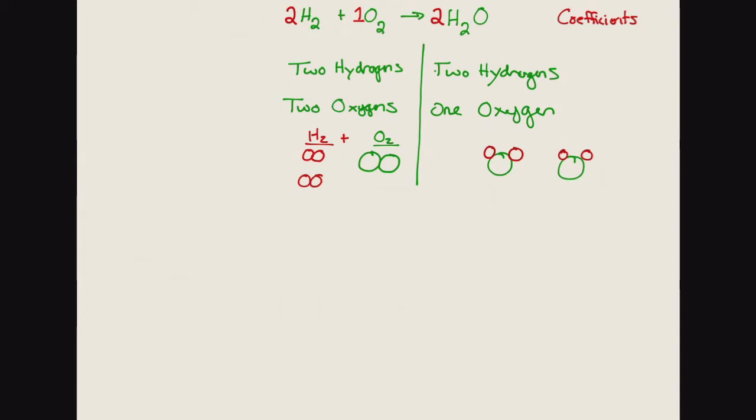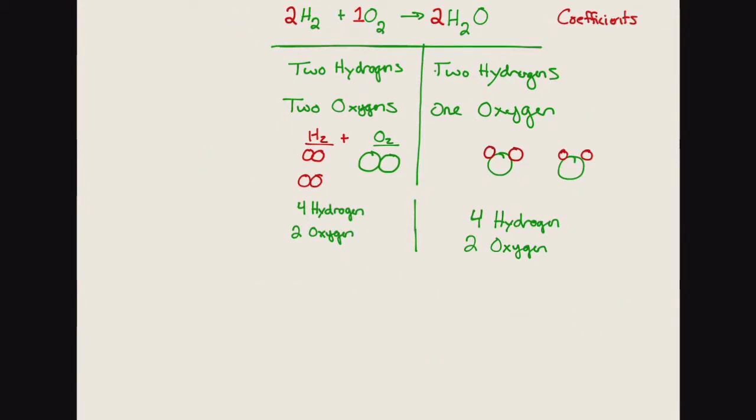It gives me a grand total of 4 hydrogen, 2 oxygen, and on the other side, I end up with the same exact thing. 4 hydrogen and 2 oxygen. It's a multiplier. Does that make sense?